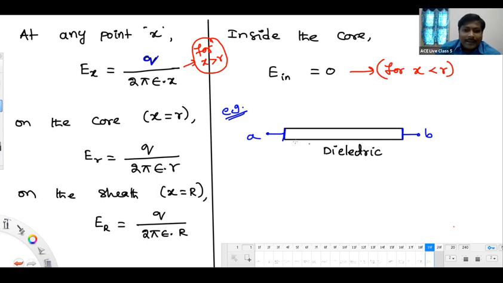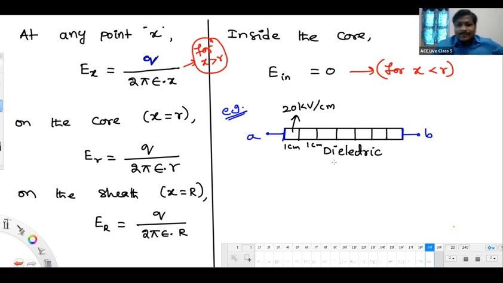Now listen. This dielectric, I am cutting into a number of sections. Each and every section you assume is 1 centimeter. For each section, the dielectric strength is 20 kV per centimeter.